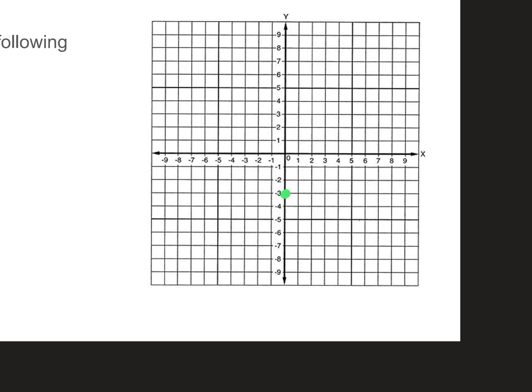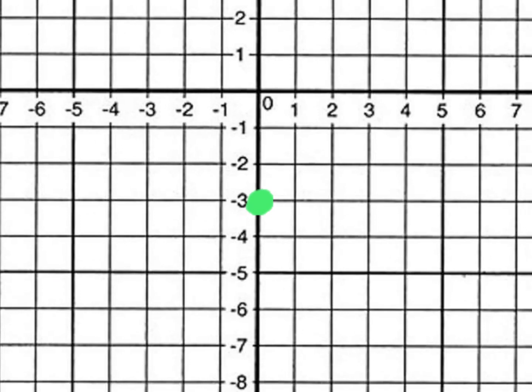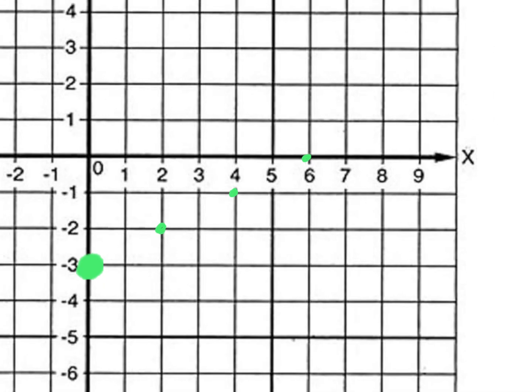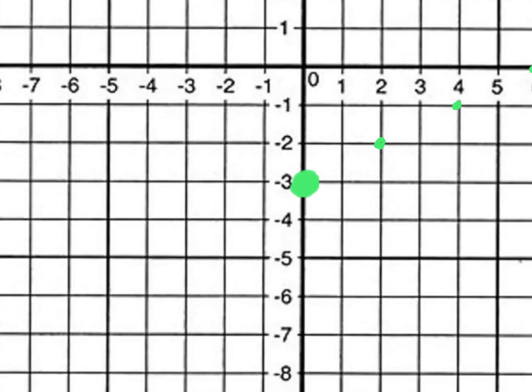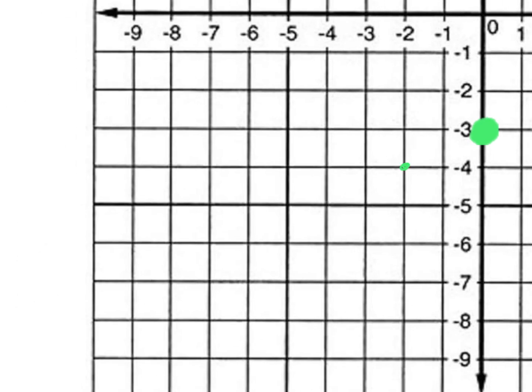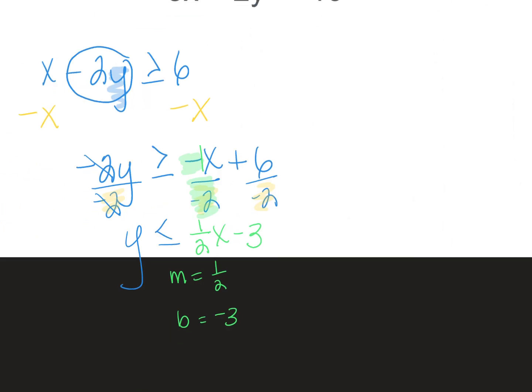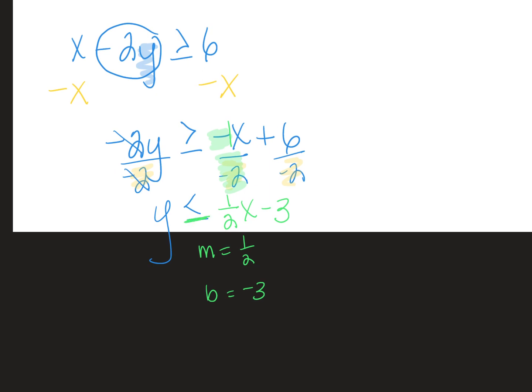Plot your y-intercept. We have a positive sloping line of up 1/2. Now let's go look at our inequality to decide what type of line we need to graph. Where'd my problem go? There it is. This is an equal to, so that means it's going to be a solid line.